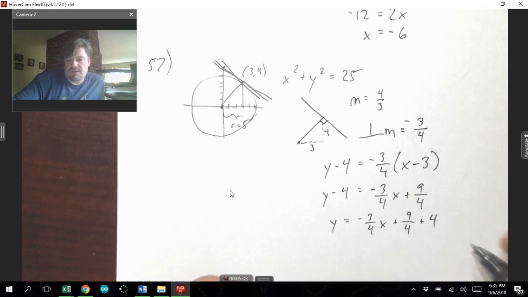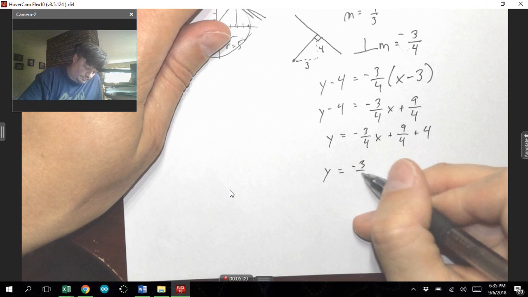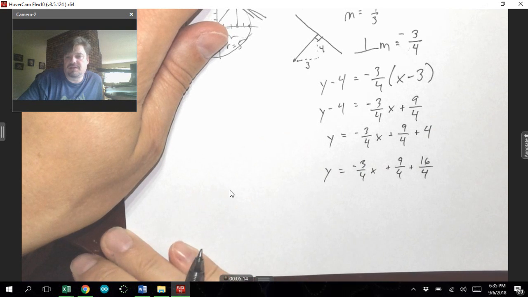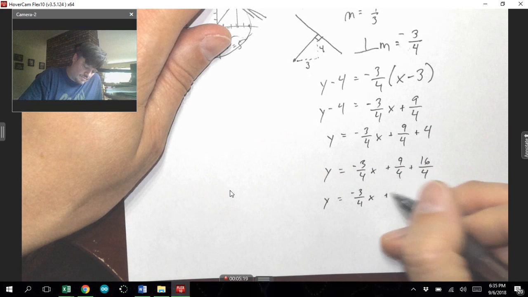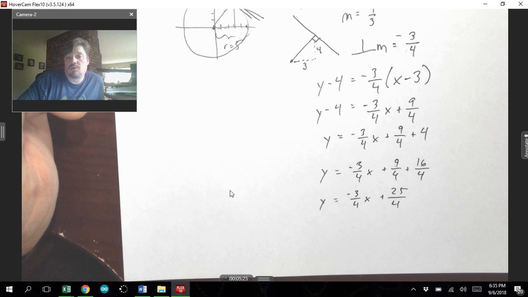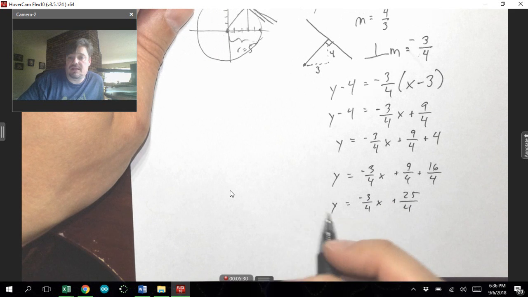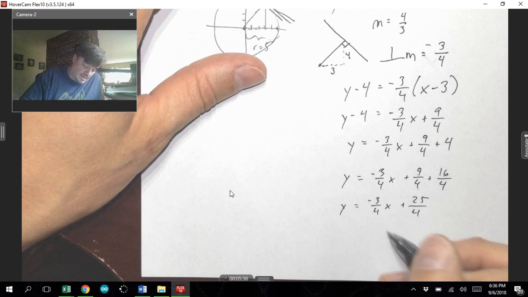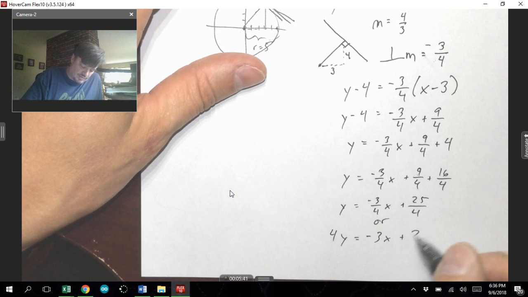What's 9/4 plus 4? Well, let's give them a common denominator. Multiply the top and the bottom by 4, and 9 plus 25 over 4. So we're done. That's slope-intercept. And if we needed this in another form, like standard form, we would multiply everything by 4 and move it over. So that would be 4y equals negative 3x plus 25.